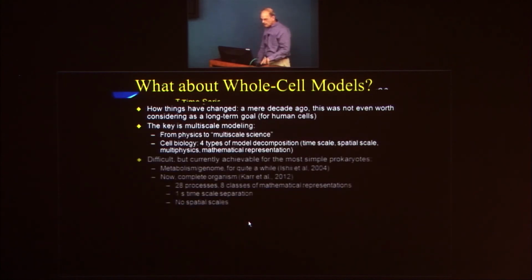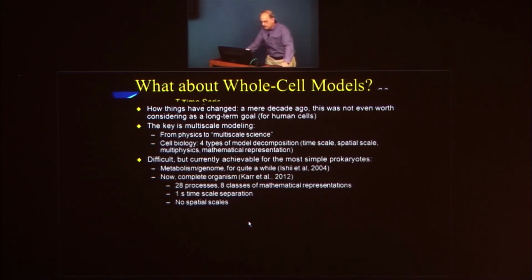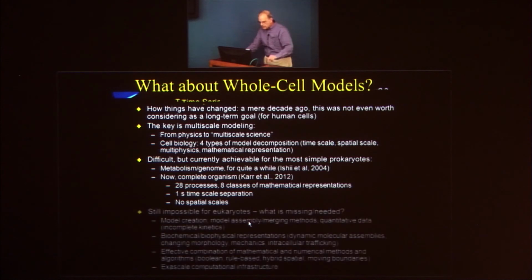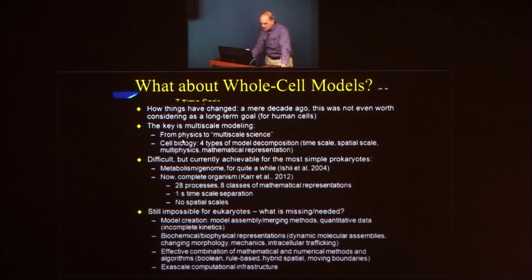I guess one of the things that I want to emphasize is that in addition to biochemistry and signaling, we also have to worry about things like changing morphology. We have to worry about mechanics. We have to worry about intracellular trafficking.